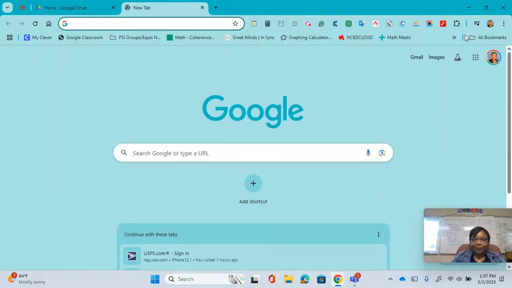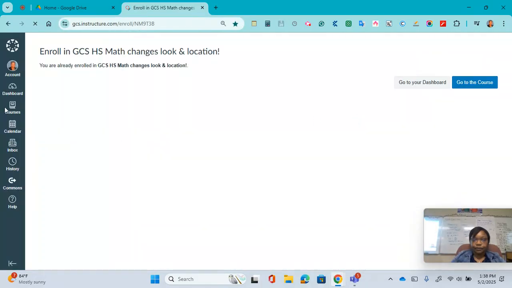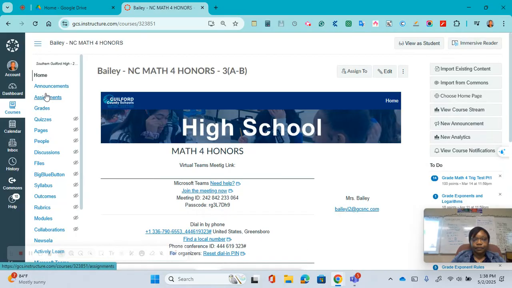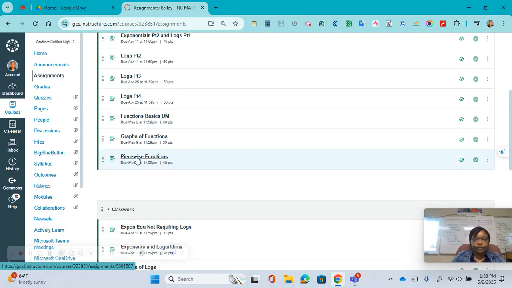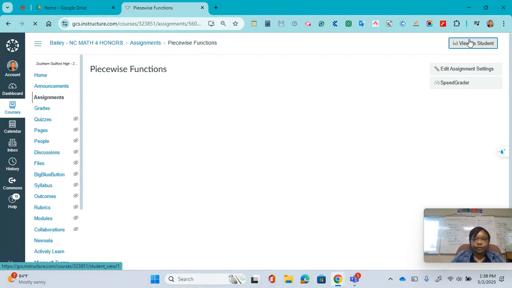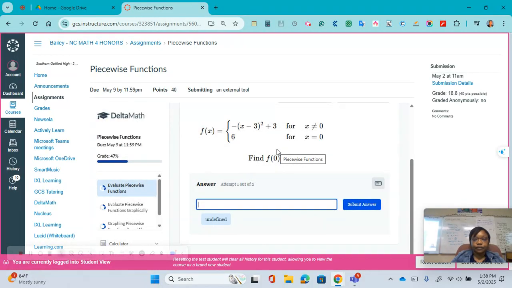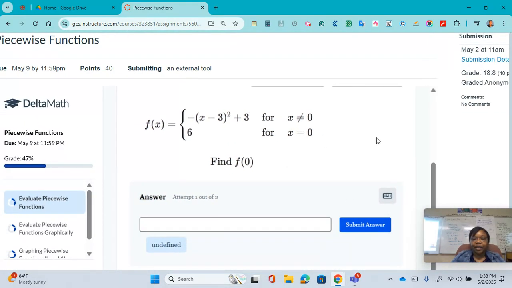All right, for the first part of the piecewise functions Delta Math, you're given restrictions and an x value.